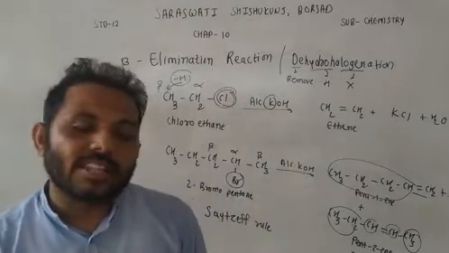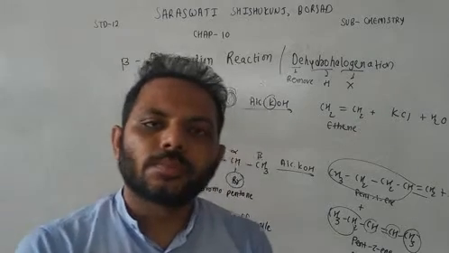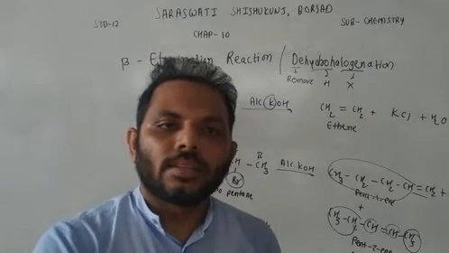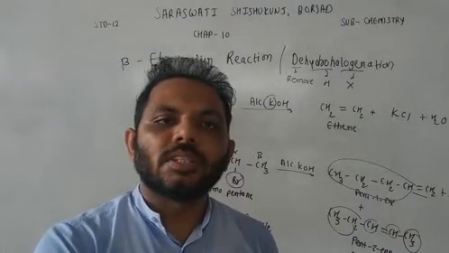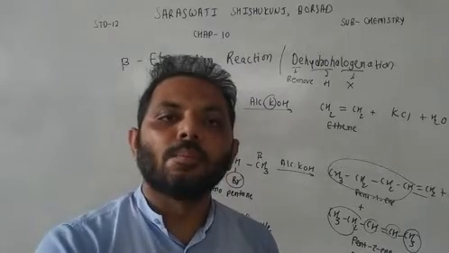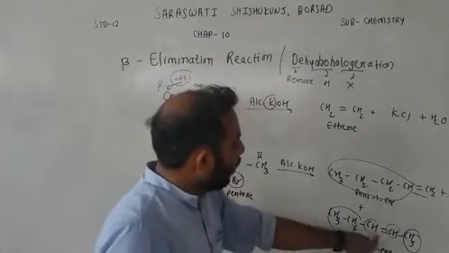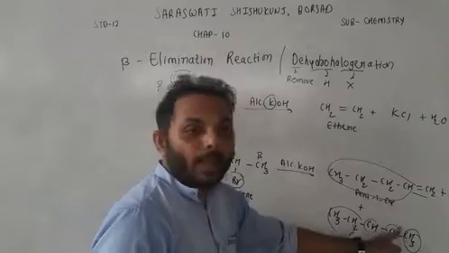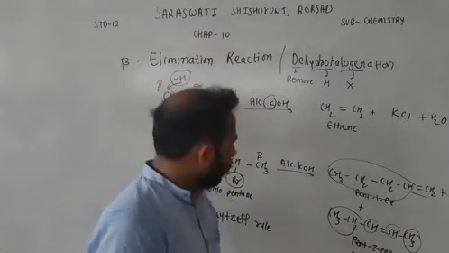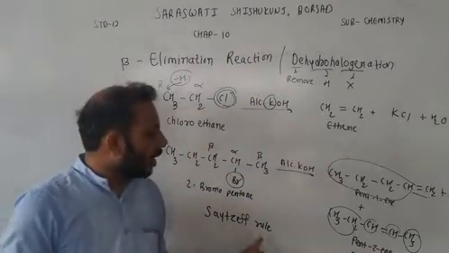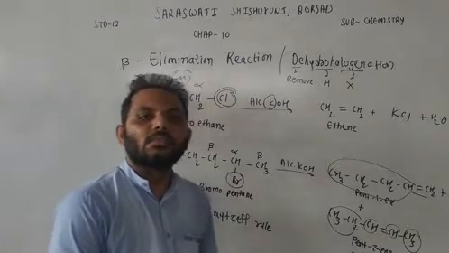Again, what is Saytzeff rule? In an alkene, if the double-bonded carbons have more alkyl groups, then that is the major product. So according to Saytzeff rule, pent-2-ene is the major product.